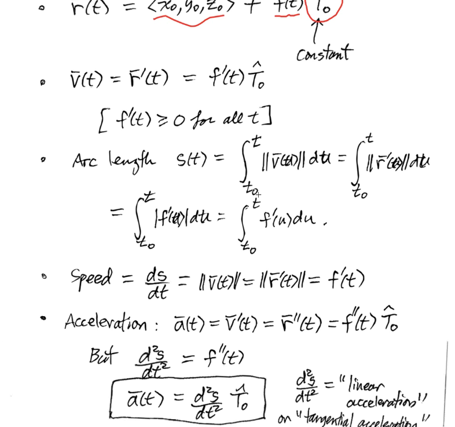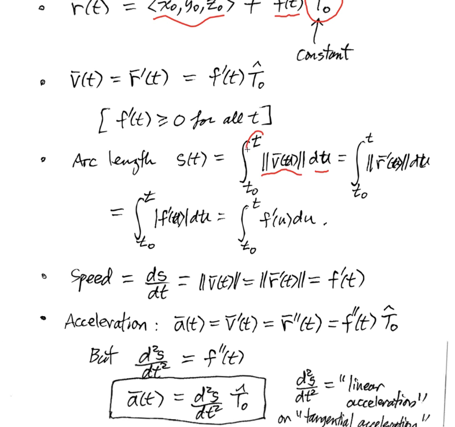Here's our way of doing it. From whatever our initial time is to our particular time t, we're going to integrate the magnitude of the velocity over time. By the way, I had t's there and then scratched them out because I'm really using u here as a dummy variable and a variable of integration, and I'm integrating from the original time, which may be 0, it may not be, up to whatever time t is.